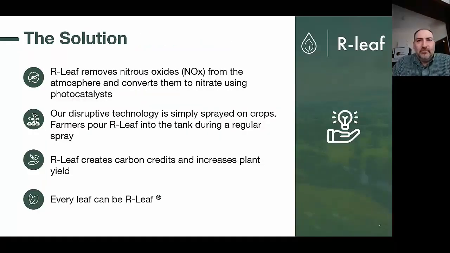So what is RLIF? RLIF is a photocatalyst, and a photocatalyst is a semiconductor or a mineral, a nutrient, an element. Zinc and copper are also photocatalysts, but we use the most available, most potent and safest, which is titanium dioxide.